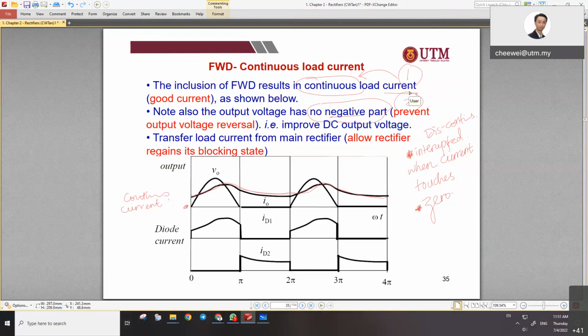So for the FWD, you just need to remember, it brings impact to the voltage and the current. What is the impact to the current? It makes it continuous. And what is the impact to the voltage? It eliminates the negative part. Positive part, no impact. The negative part will be eliminated, gone. It doesn't like the negative part. Remember this one first.